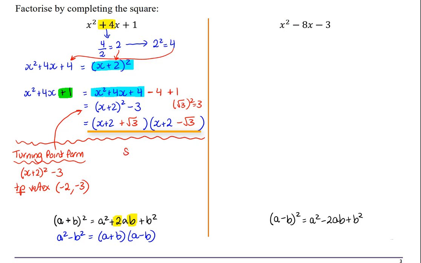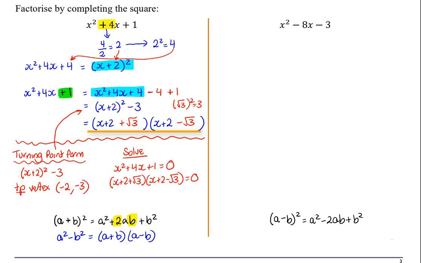If I was asked to solve, so maybe it said solve x squared plus 4x plus 1 equals 0, I'd get my fully factorized form, and that needs to be 0.